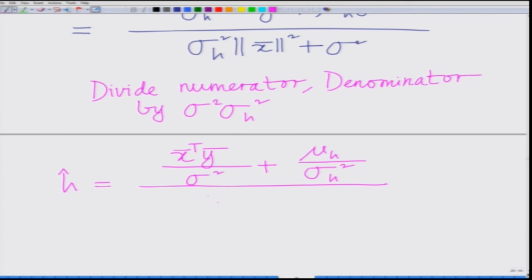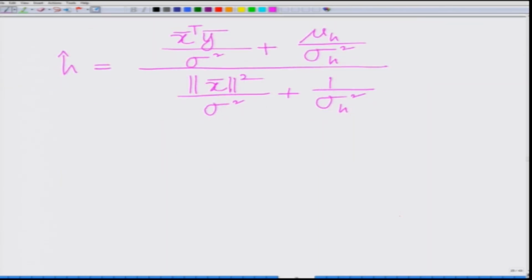So, basically you will get 1 divided by norm x bar square divided by sigma square, that is the first term, plus 1 divided by sigma h square, and I can simplify this further just by the last step.